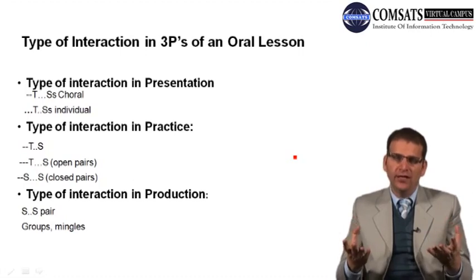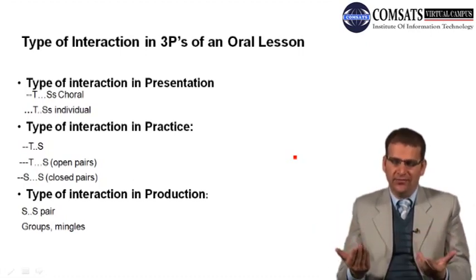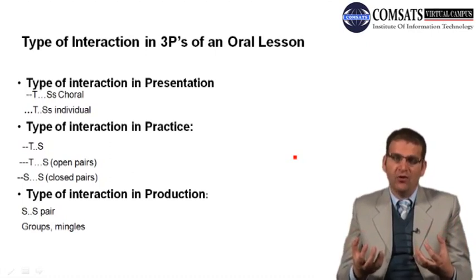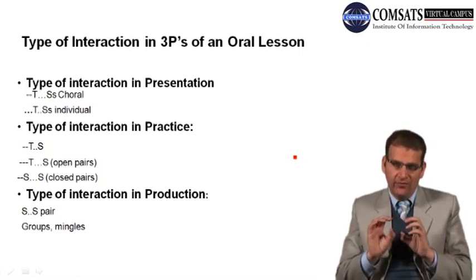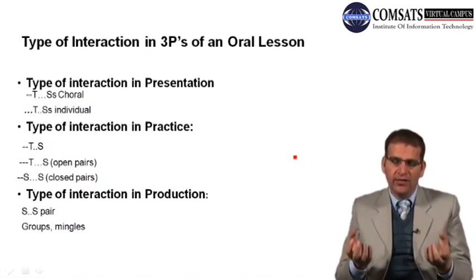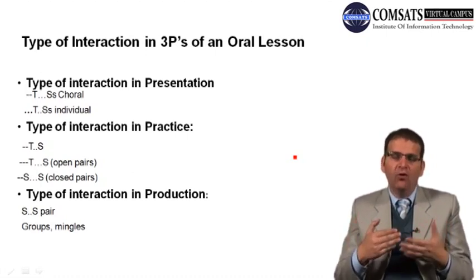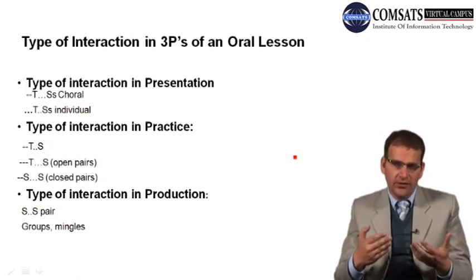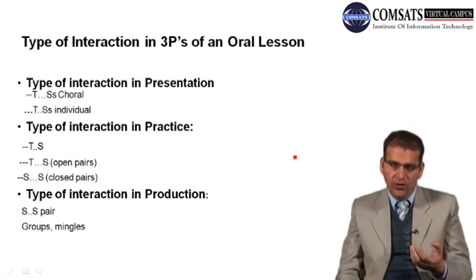So everybody in chorus practices speaking that sentence, if it is the speaking class, or if it is a writing class, maybe he asks everybody to write that sentence. Clear? So in chorus, or it can be between student and teacher individually.